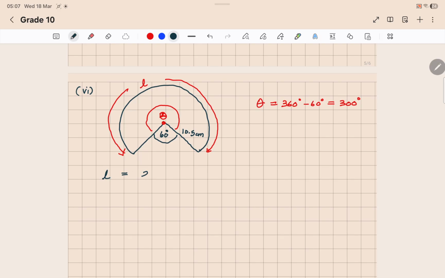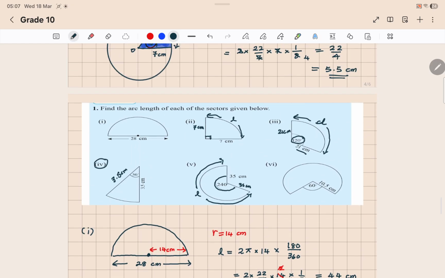So then you can find the length. Length is 2 pi, 10.5 is the radius, and 300 over 360, not 60 over 360, okay? We want the bigger length, so you have to figure out the bigger angle. In the previous question it was given, that's why we didn't need to figure out anything else.